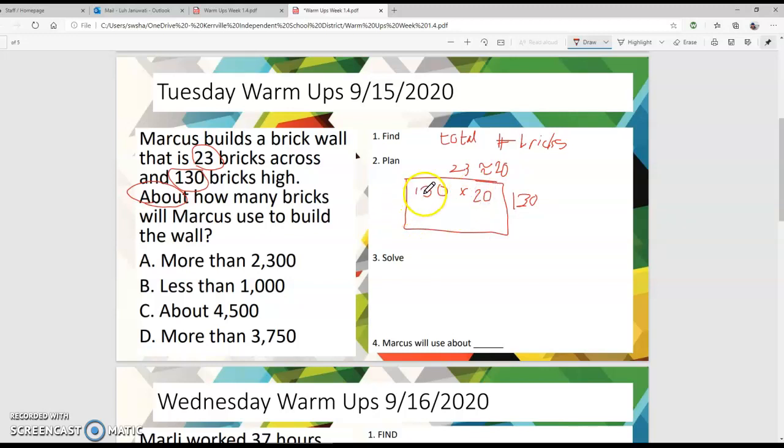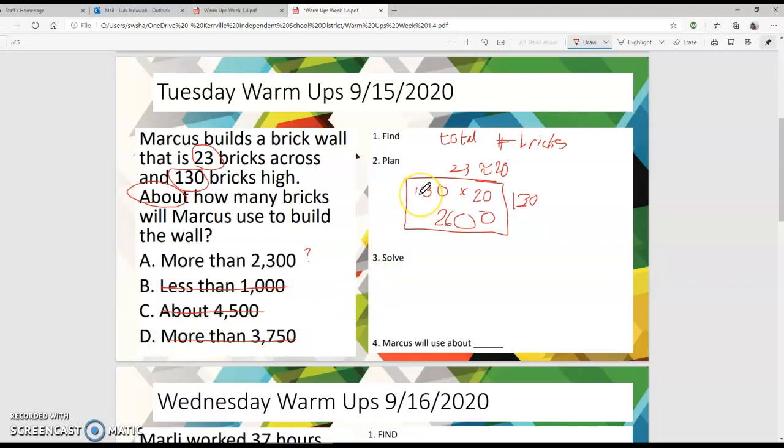So 130 times 20 is about 2,600. Which one makes sense? This one probably, right? Because it's about more than 2,300. Less than 1,000 is too small. About 4,500 is too large. More than 3,500 is way too large also.